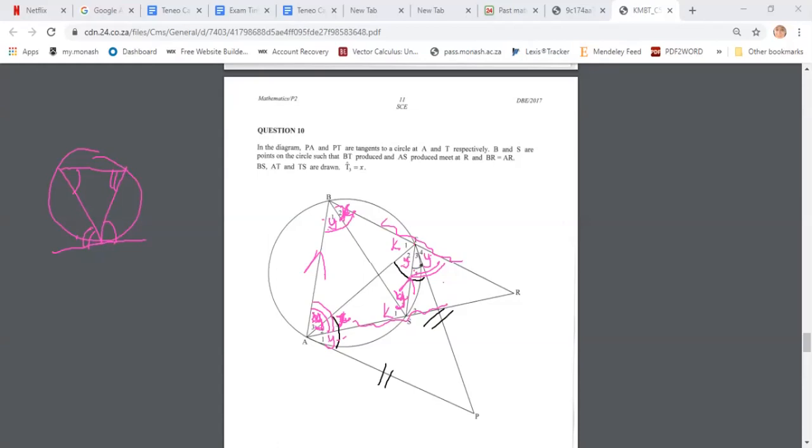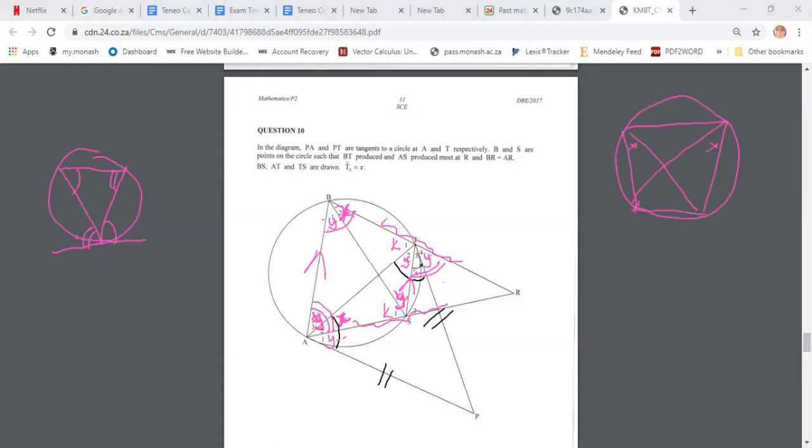When they say show that it's a cyclic quad, you need to be thinking of all the things that would make it cyclic, right? All the theorems to do with a cyclic quad. And don't forget, a cyclic quad also has angles in the same segment, right? So if you have something like this, and you have lines going across, that equals that.